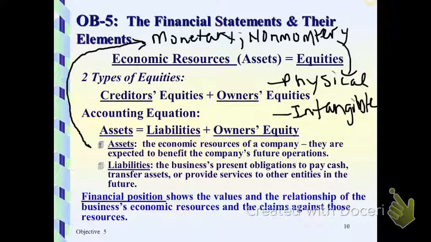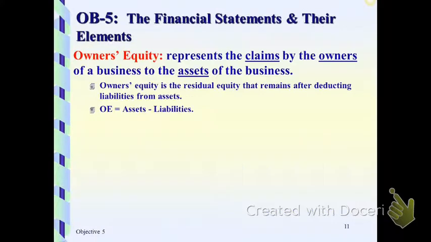However, now let's focus a little on the owner's equity. In a corporation, it's a little different than it is in a sole proprietorship. Our owner's equities represent the claims that the owners of a business have against the assets of that business.